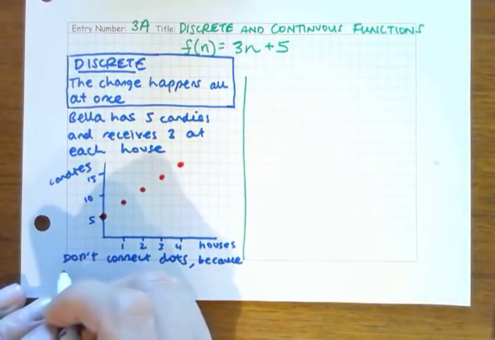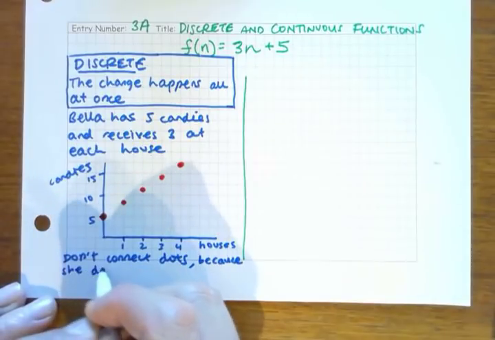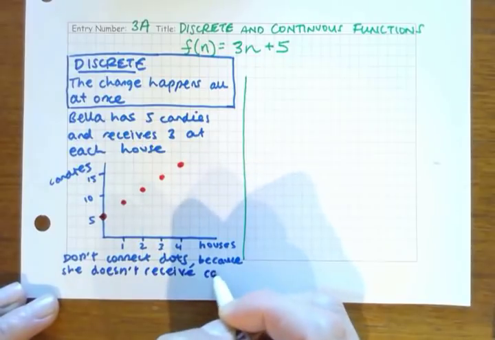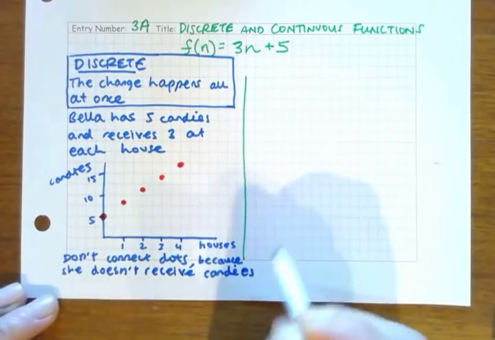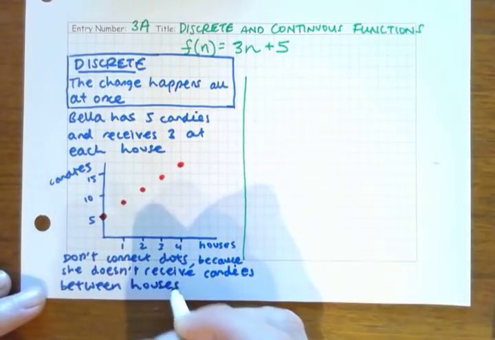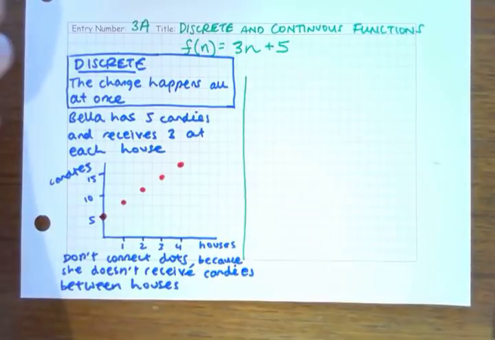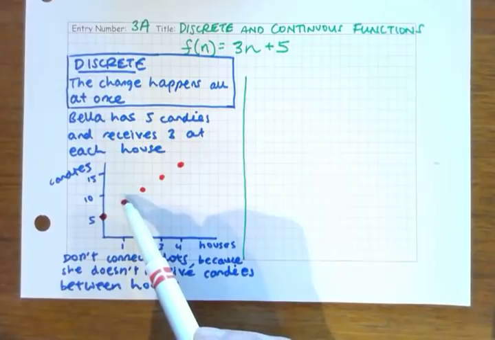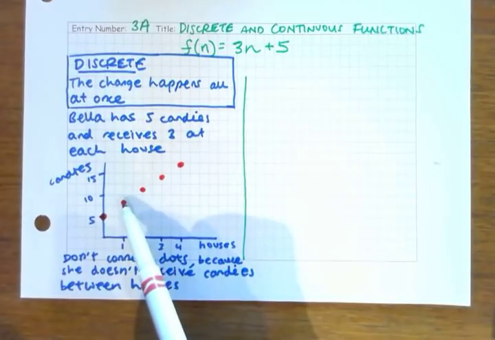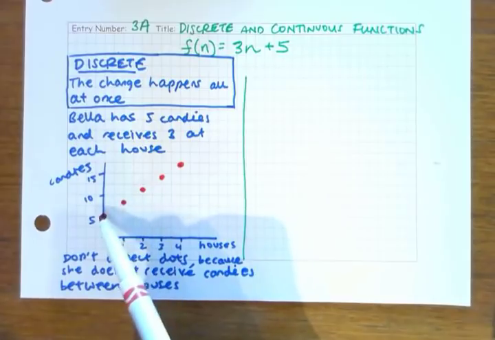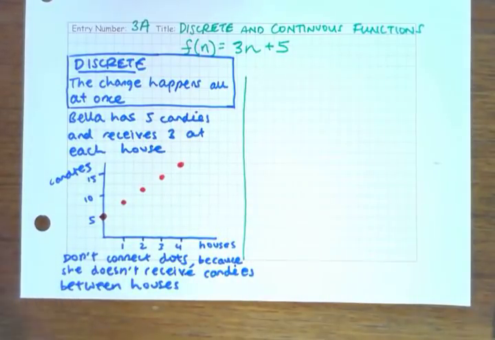So we don't connect the dots because she doesn't receive candies between houses. Like in between house 1 and house 2, right? It's not like her amount of candies is gradually increasing. It stays at 8, and then not until she gets to the second house, then it jumps to 11. So that's why we don't connect the dots, and it's a discrete function.